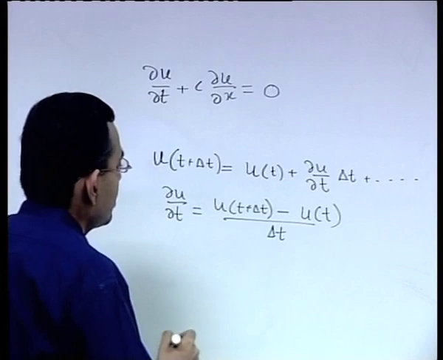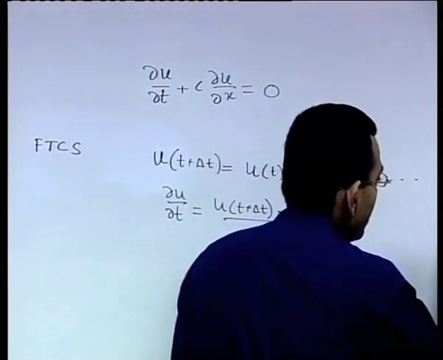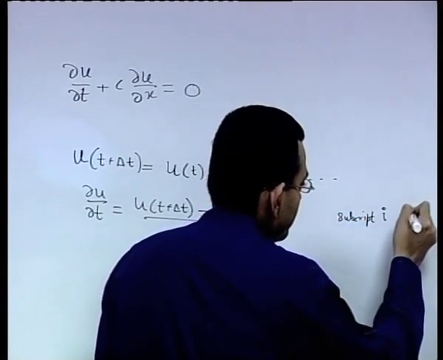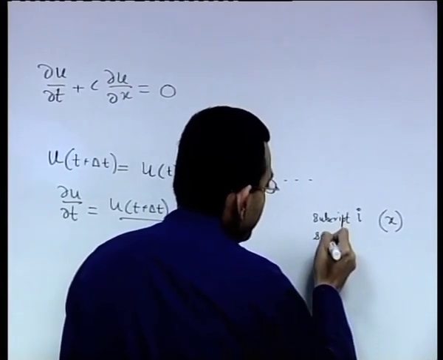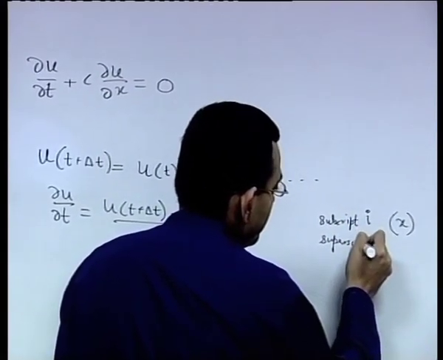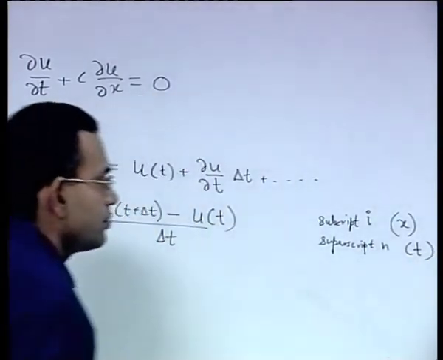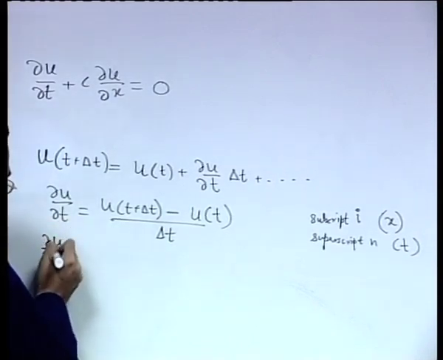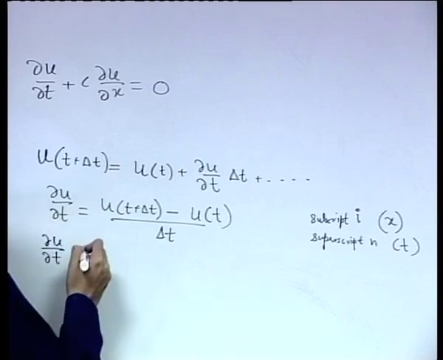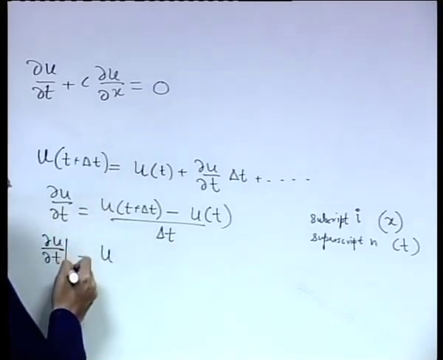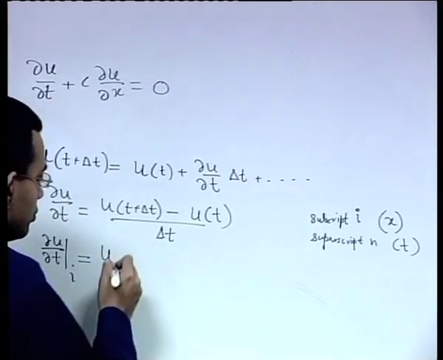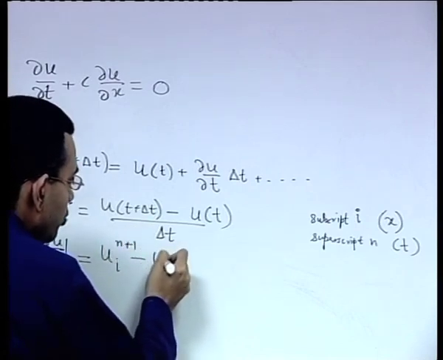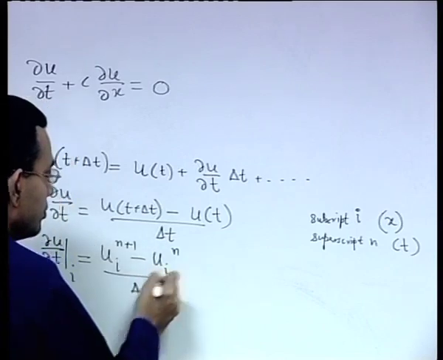In terms of the symbols or notations, if we use subscript i for the grid point x and superscript n for time t, then how do we represent it? du/dt at i is equal to u at n plus 1 minus u n divided by delta t.